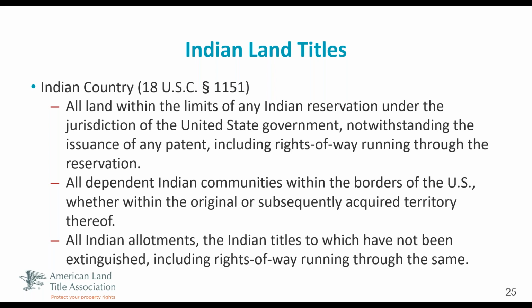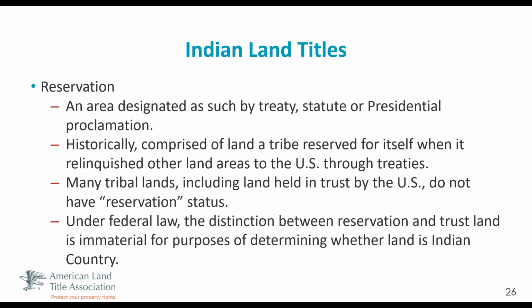So in addition to reservation land, that term includes land that's held in trust by the United States for a tribe or an individual Native American, which can exist outside the boundaries of a reservation. It also includes land that's held by an individual Native American in restricted status, and I'll talk about what I mean by restricted status in a minute.